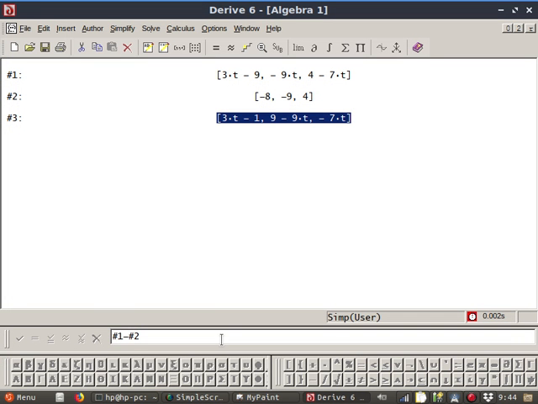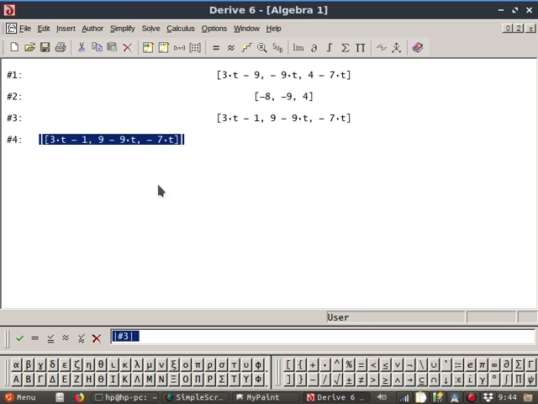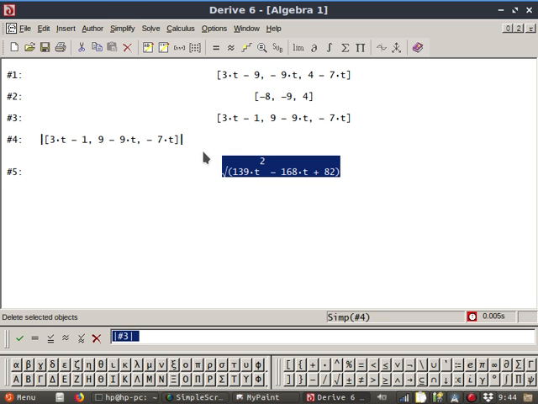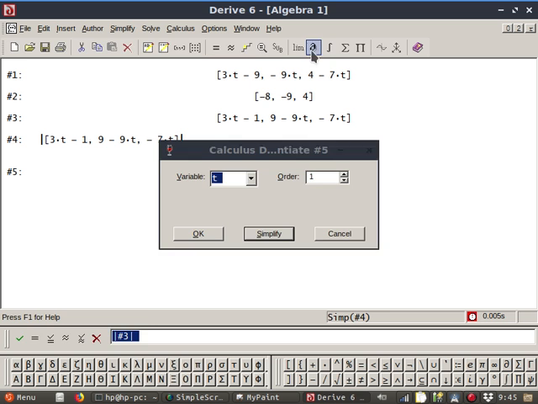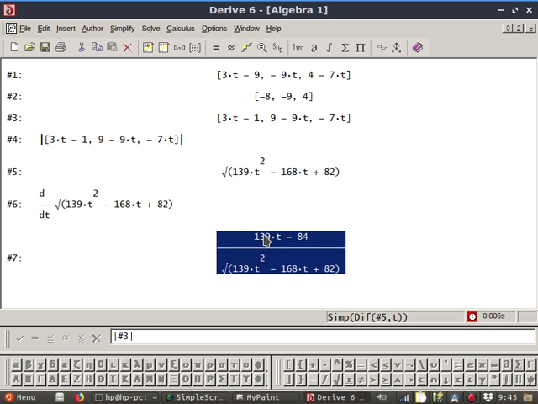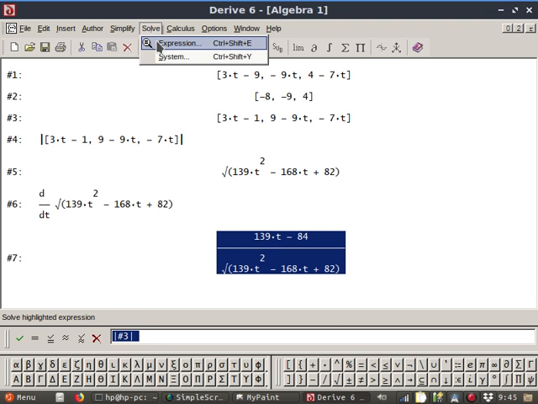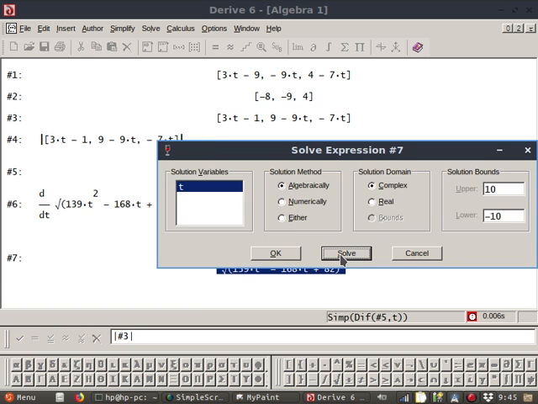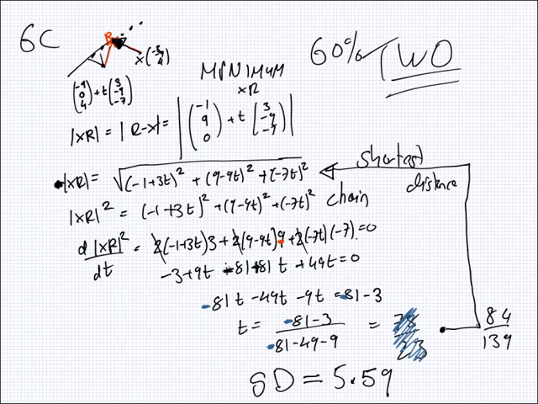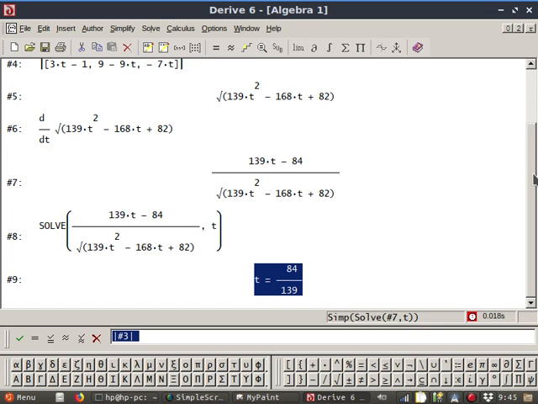Now time to get the magnitude. How do I do that? So like this maybe? Okay, good. Now you don't need the square root, so don't worry. Is that what we got? Oh, nice. Okay, good.